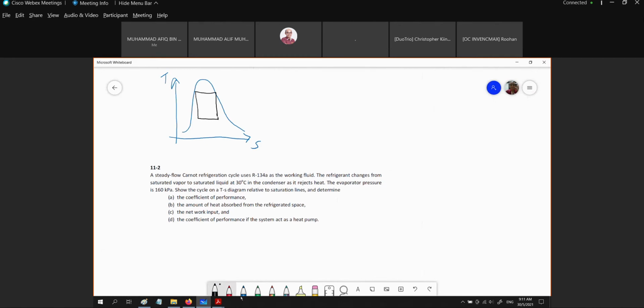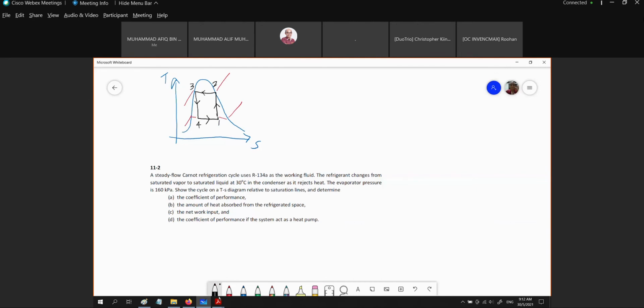Okay, so this is our pressure of evaporator, pressure of condenser. This is our state 1: 1 to 2 isentropic compression, 2 to 3 reversible isothermal heat rejection, 3 to 4 reversible adiabatic expansion, and 4 to 1 reversible isothermal heat absorption.